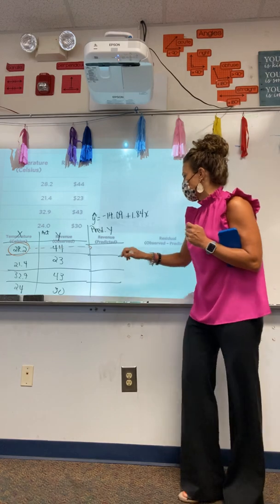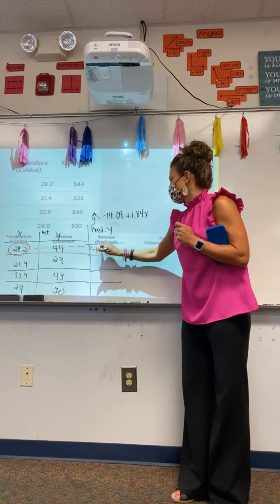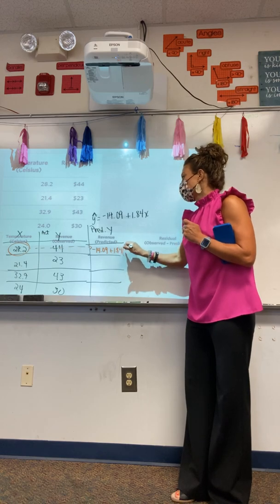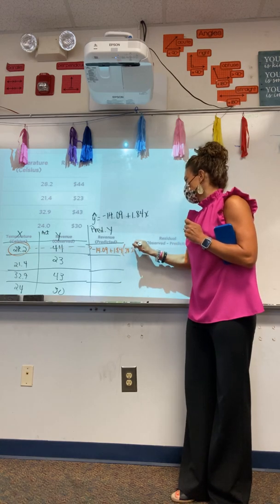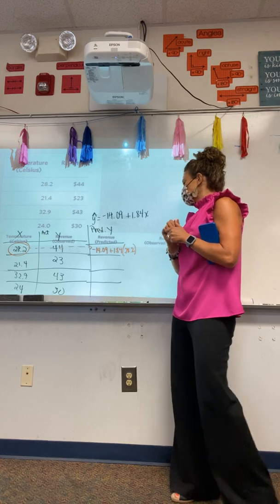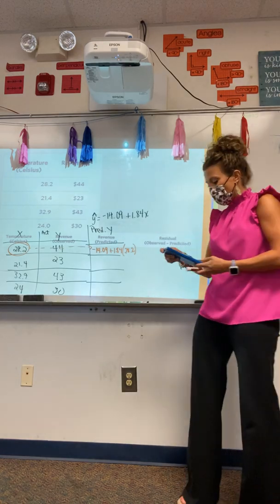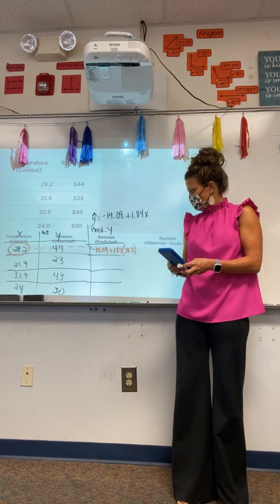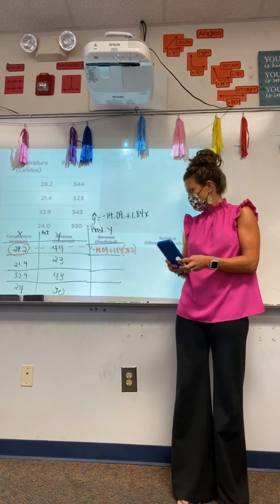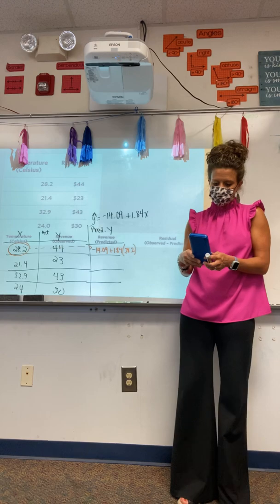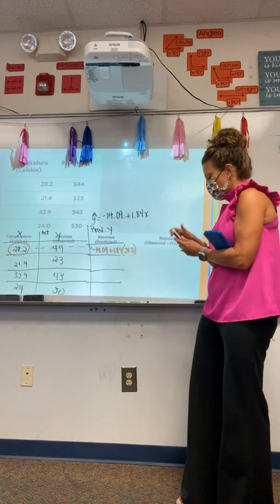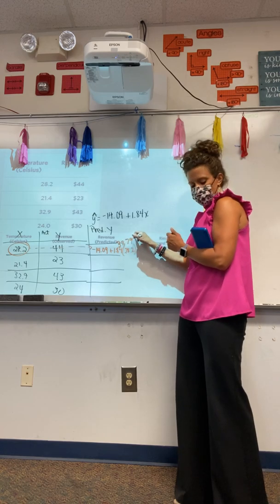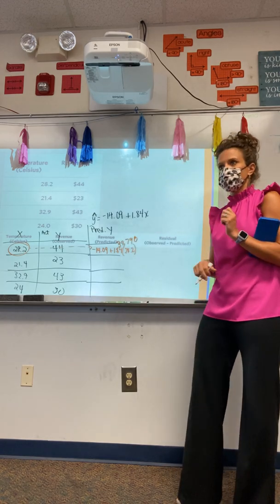So I'm going to plug 28.2 in: negative 14.09 plus 1.84 times 28.2, and it will give you your predicted Y value back. And I got 37.798. Did y'all get something like that?